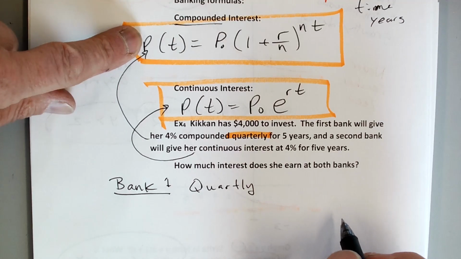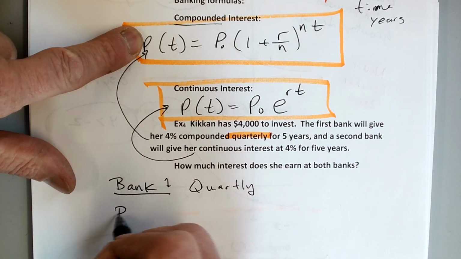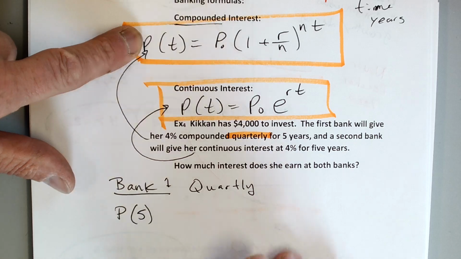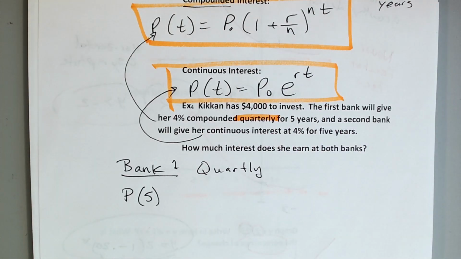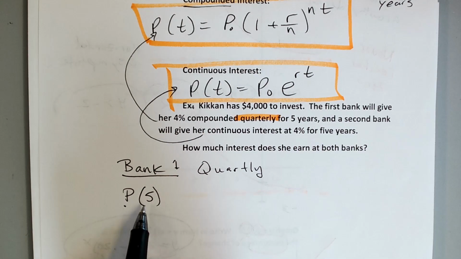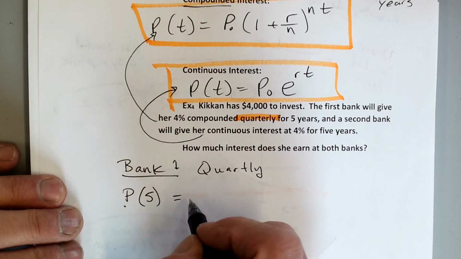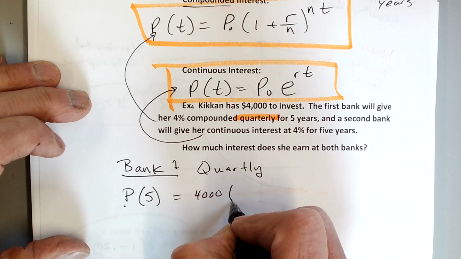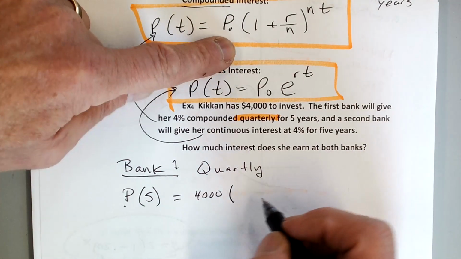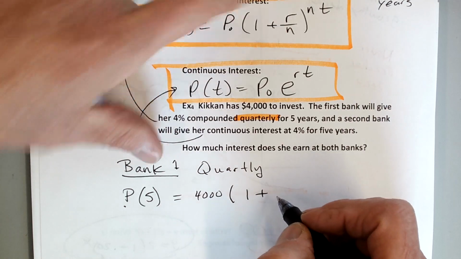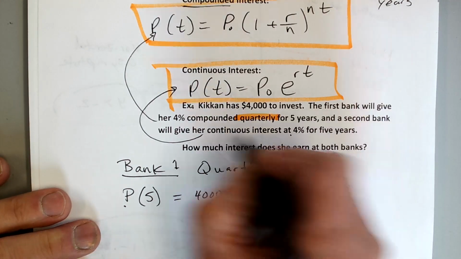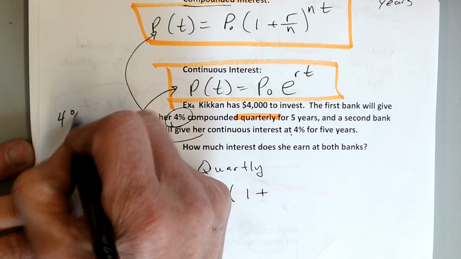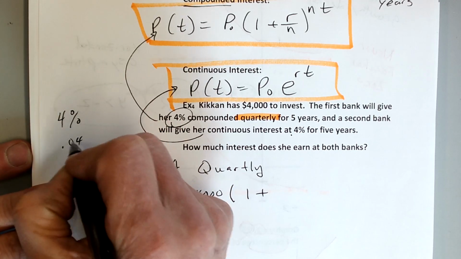So we're going to go P of 5. Now I'll slow down for a second. P of 5, because you're going to find the principal after 5 years. P of 5 is like a question: how much are you going to make after 5 years? It is equal to, well, her initial investment is 4,000, so 4,000 goes here. I'm just following this formula: 4,000 times 1 plus r. r is the interest rate, which is 4%, right? Well, 4% is 0.04 as a decimal.